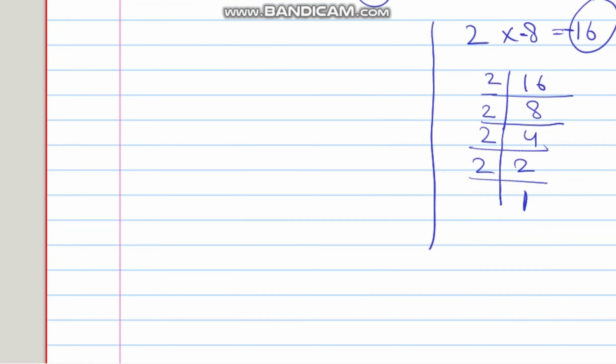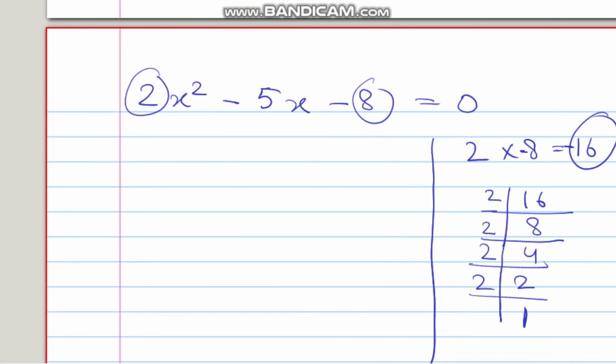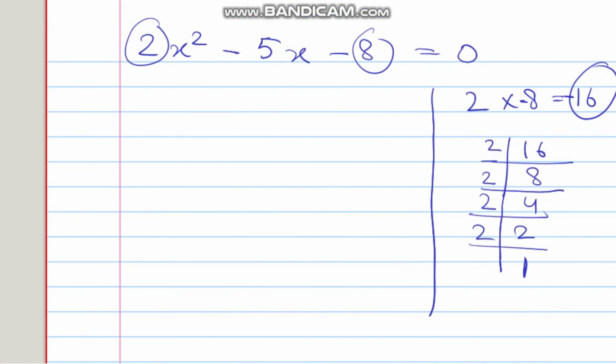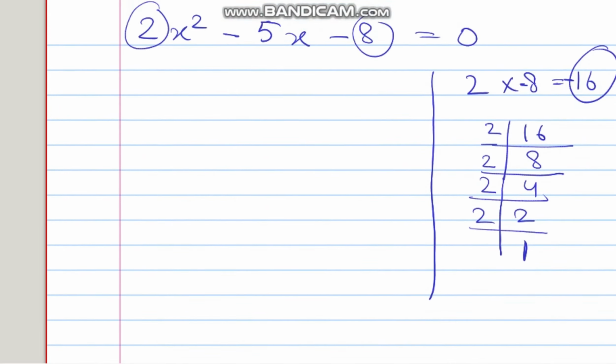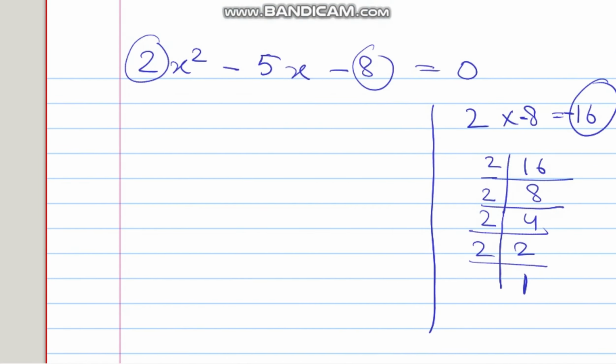Now let me make the factors. So basically we are doing the factorization, and this is minus 16. We want two factors which give us minus 16 when multiplied, and give us minus 5 when added or subtracted.